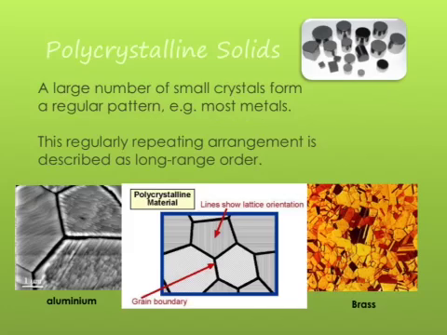The second type of structure is called polycrystalline solids, as illustrated by this picture and by these diagrams. A large number of small crystals form a regular pattern, for example, most metals. This regularly repeating arrangement is described as long-range order. In other words, there is no short-range order.